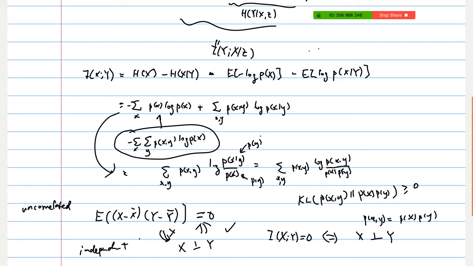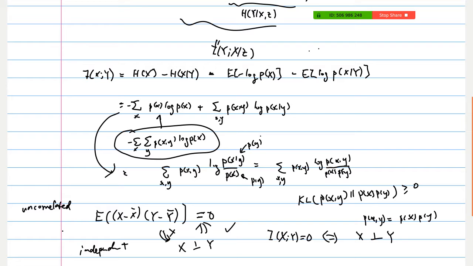Independent implies uncorrelated, but uncorrelated is sometimes not independent. Also another remark is that if your random variables are jointly Gaussian, then these two conditions will be equivalent. When the two random variables are uncorrelated, they'll be independent as well. We can actually show that, but maybe we'll do it some later time.